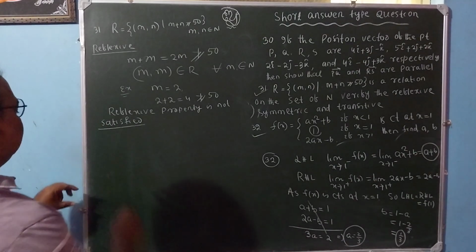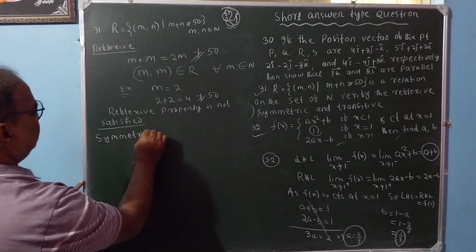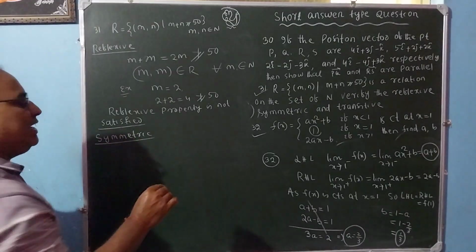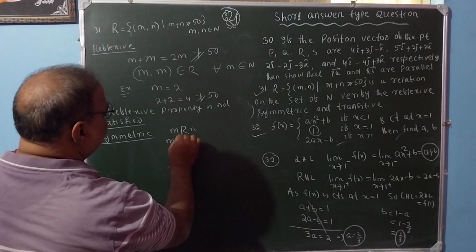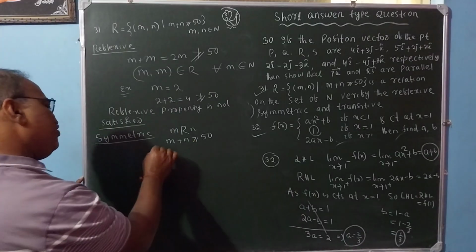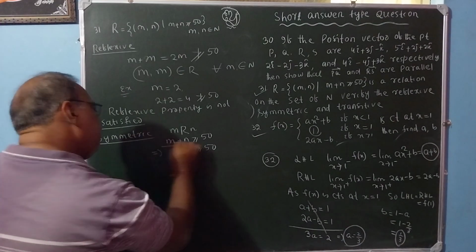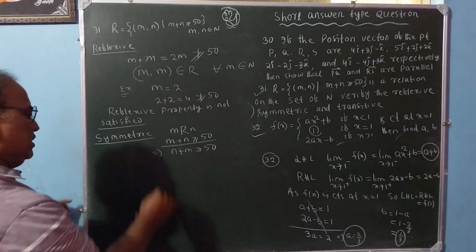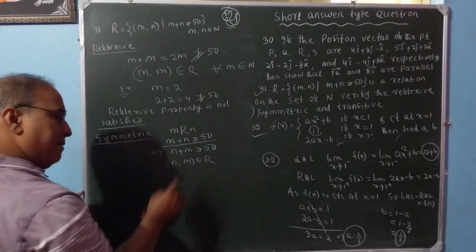Then symmetric, write down symmetric. Symmetry means m related to n implies n related to m. m related to n means m plus n is greater than or equal to 5. m plus n greater than or equal to 5 means n plus m is also greater than or equal to 5. So (n, m) belongs to R, n is related to m.